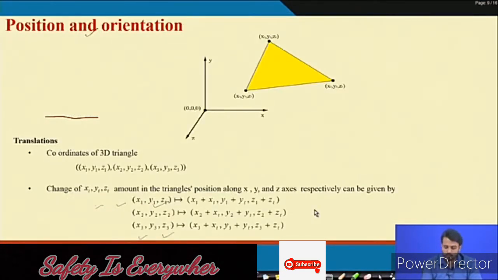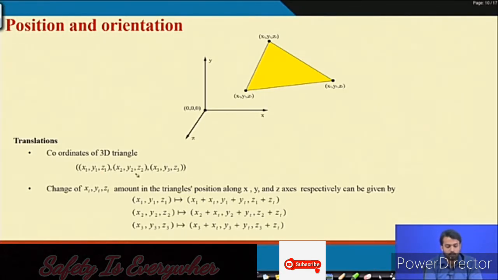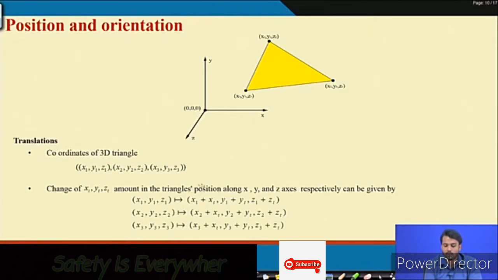Next we will go for position and orientation. Let us consider a 3D triangle where the coordinates are denoted as x1, y1, z1, x2, y2, z2 and x3, y3, z3. The translation property will be taken care of in this particular topic. A change of xt amount, yt amount and zt amount in the triangle's position will affect the position along the x, y, z axes, as we will look.